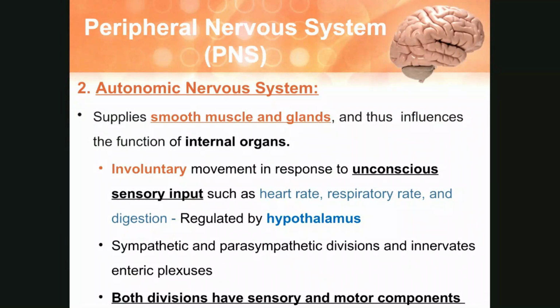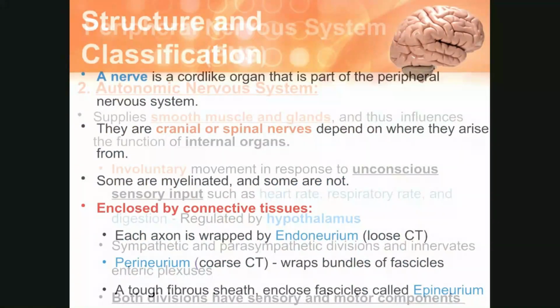The hypothalamus is the boss of the autonomic nervous system, as you would have studied. Through these autonomic nerves, the hypothalamus controls visceral organs like the heart and stomach movements. In the autonomic nervous system you have the sympathetic and parasympathetic divisions, which we will cover in depth later. This is just an outline.